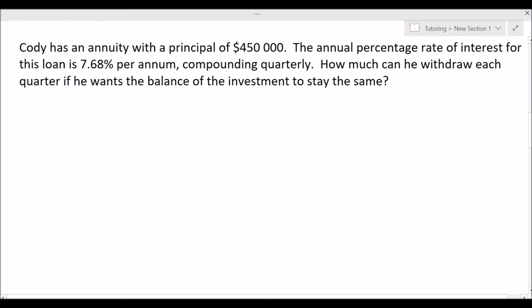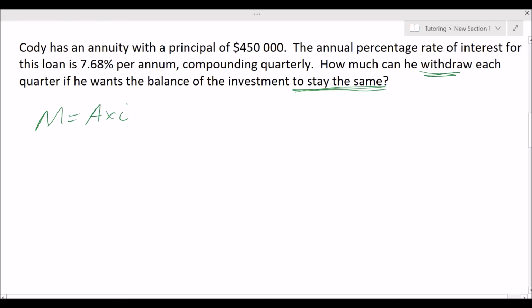Okay, so this one, as you can see, the keyword there was withdraw. How much does he need to withdraw? So you can tell this is the withdrawal phase of annuity. Now, there's also a keyword in here, stay the same. So this must be a perpetuity. Okay, so the formula you need is this one.